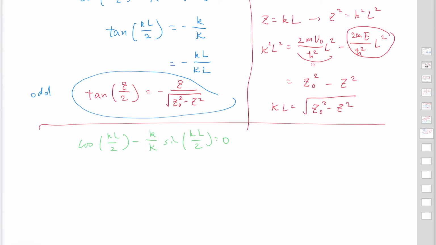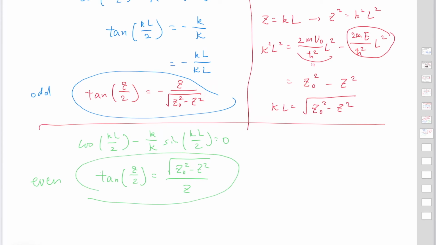So using similar equations, you can find tangent z over 2 equals the square root of g₀² minus g² over g. So this is the case of the even functions. So we have two cases. Then the solution of g should be the intersection between the tangent functions and the right hand side.